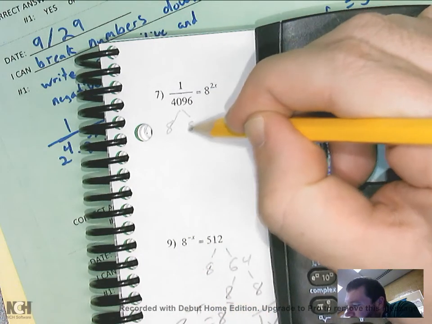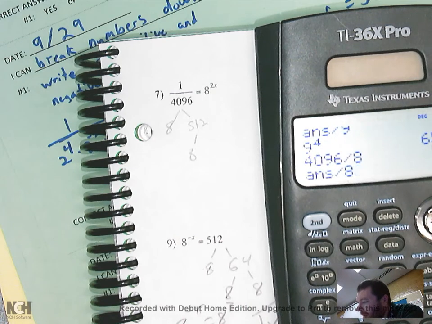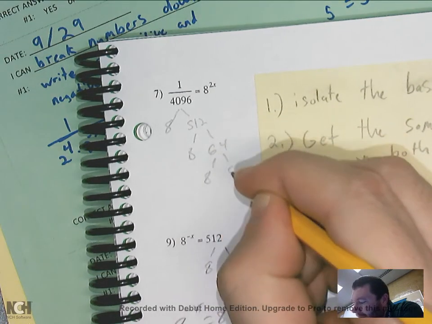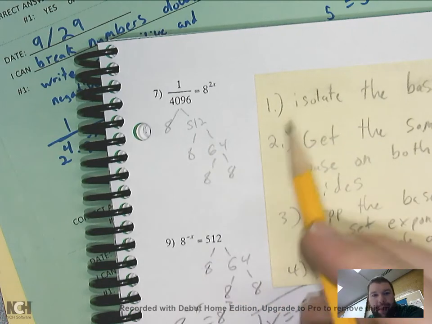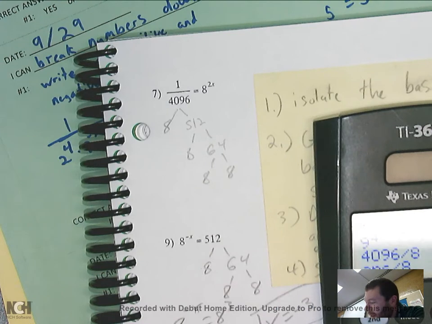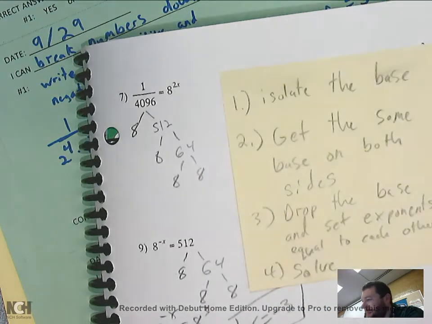So 512, still not there, divide by 8, and you get 64. Still not there, divide by 8, you get 8. So there are 1, 2, 3, 4 eights. So I could replace that with 8 to the 4th. Just to double check, 8 to the 4th is, in fact, 4,096.